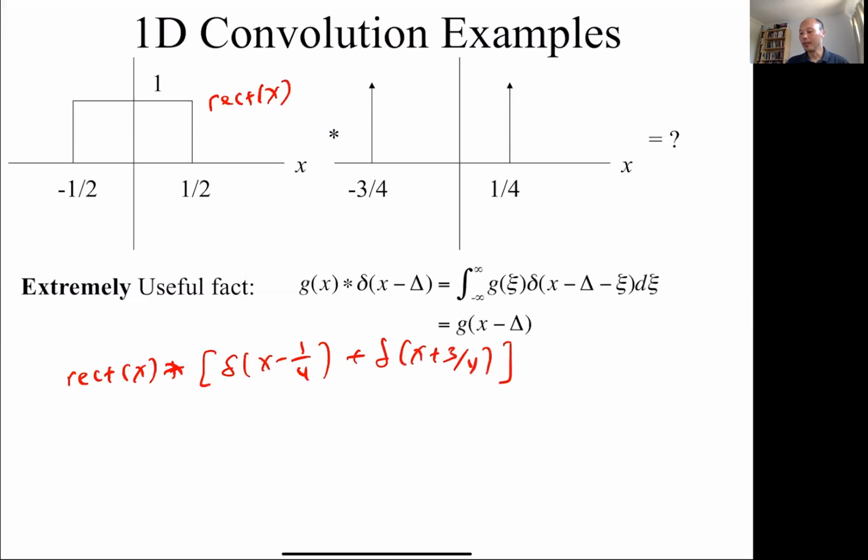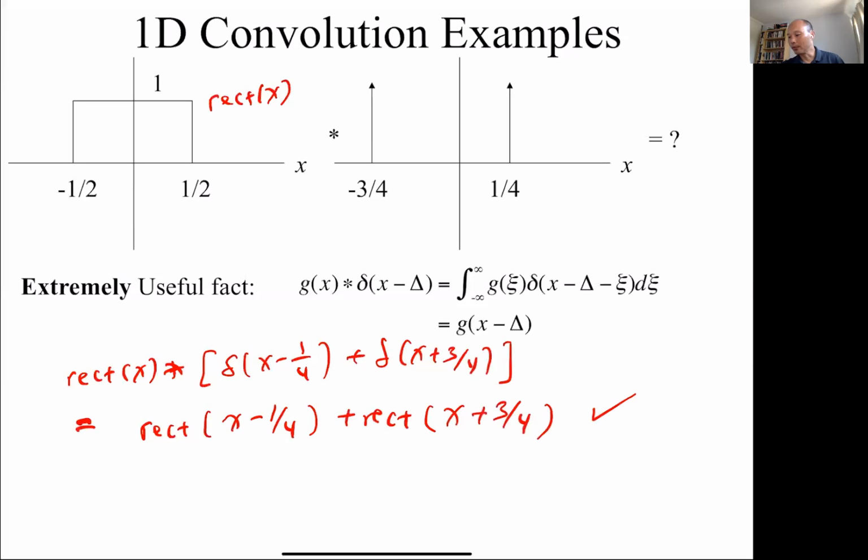This tells me that my output, rect of x convolved with delta of x minus 1/4, is just going to shift the rect function so it's centered at 1/4. So mathematically, I write that as rect of x minus 1/4 plus rect of x plus 3/4. And that's my solution.